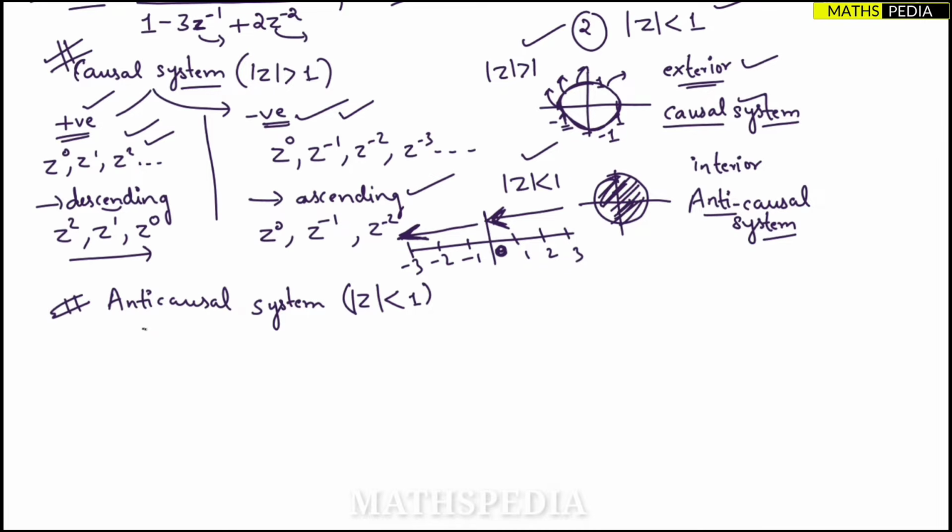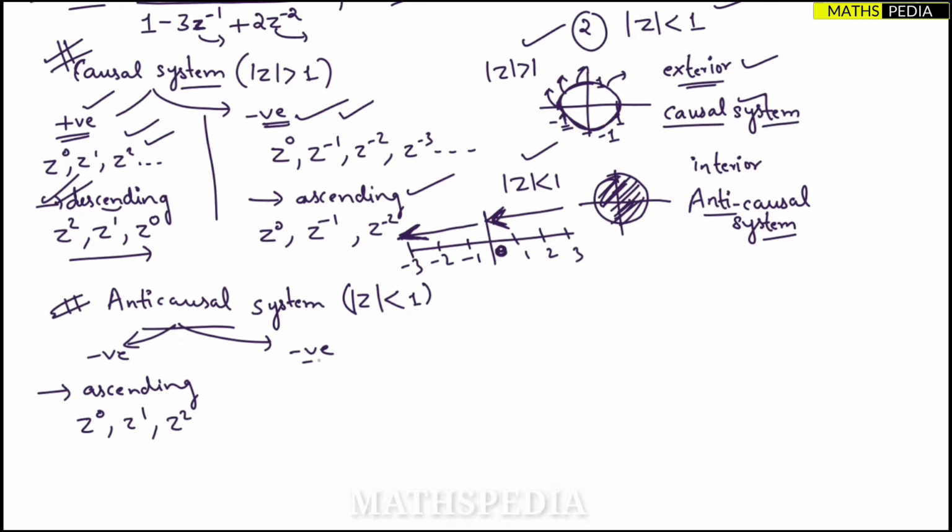So here anti-causal system, we have again two things, positive powers and negative powers. So here positive powers, we have to keep it as ascending, because here it was descending, here it will be ascending. That means opposite of this, z power 0, z power 1, z power 2, like that.